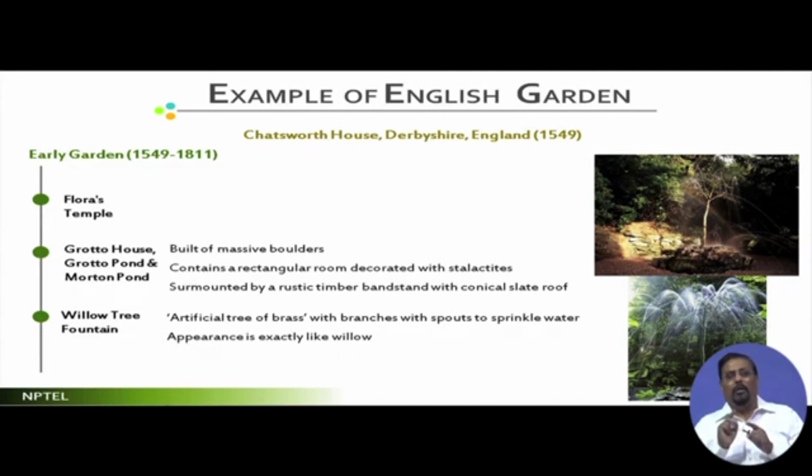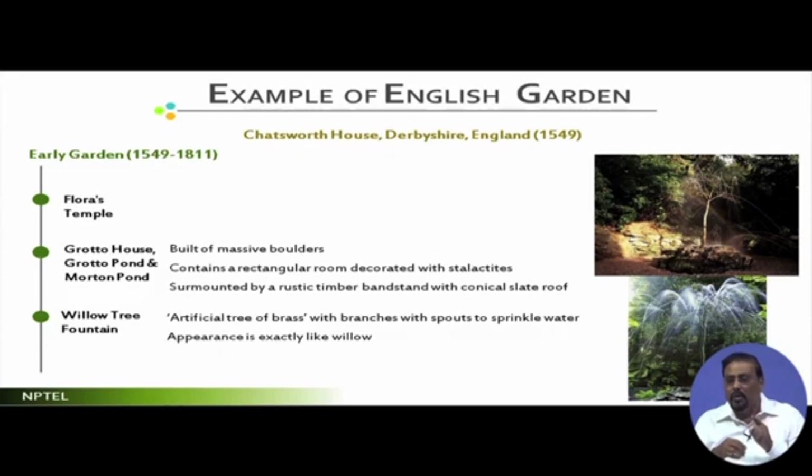So when it works and the entire water is flowing through all the edges and the ends, it splinters out just like spouts, and then it looks like a willow tree. And this is one artificial tree which is a replication of something.